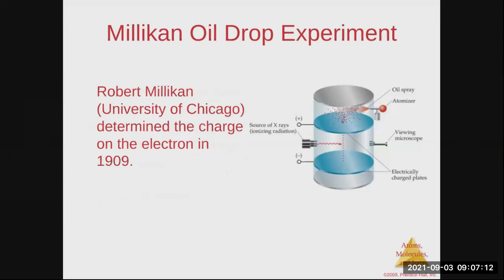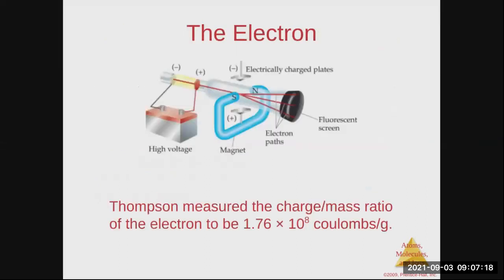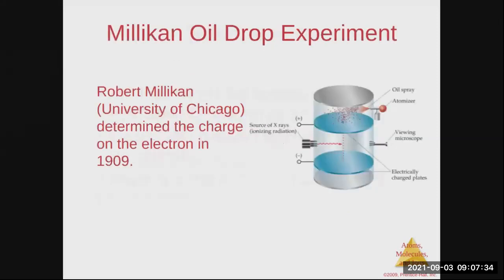He didn't identify or quantify the charge. He just looked at the ratio. Millikan, however, wanted to determine what is the actual charge on an electron. And so in 1909, he did this work using the oil drop experiment and used that to determine what the actual charge was.